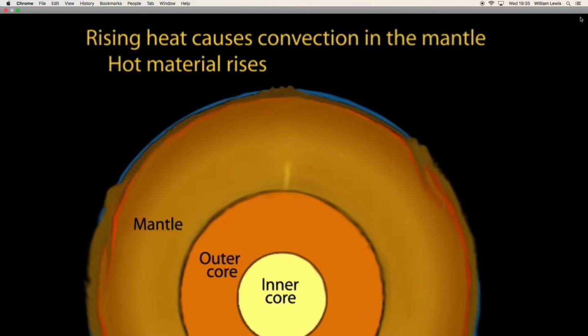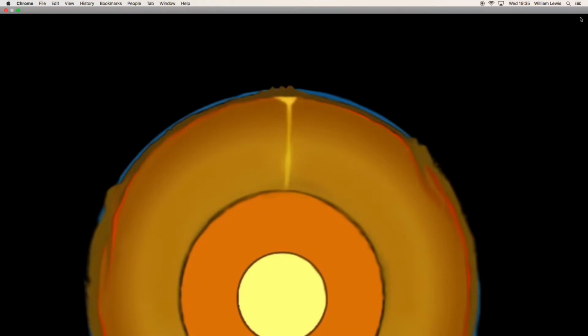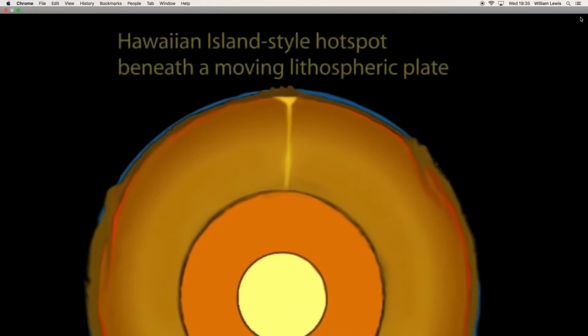The thermal plume allows solid, yet mobile mantle to rise very slowly and convect outward. Convection is the process by which heated material rises and cooler material sinks. Although magma may be generated as deep as 1,500 kilometers, individual blobs do not traverse the entire mantle.